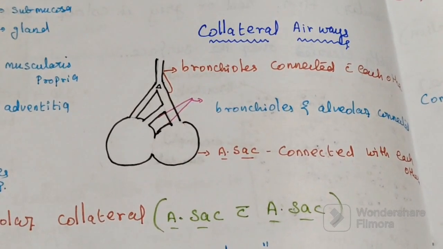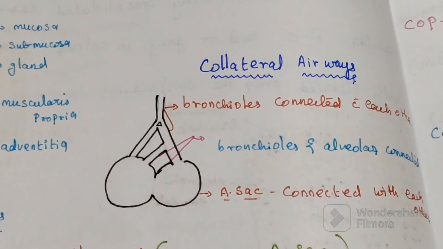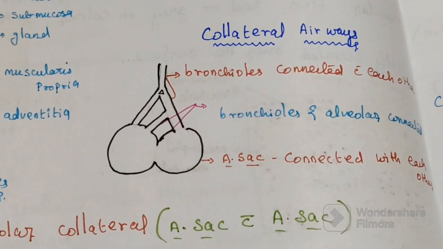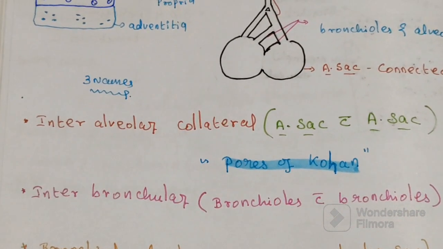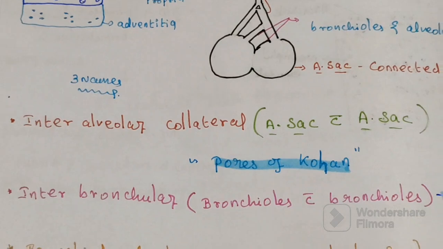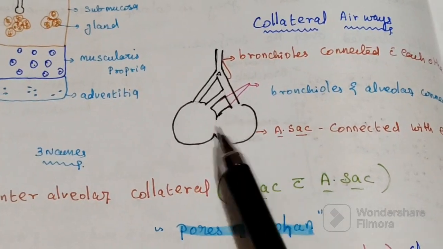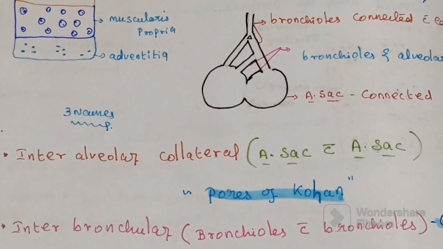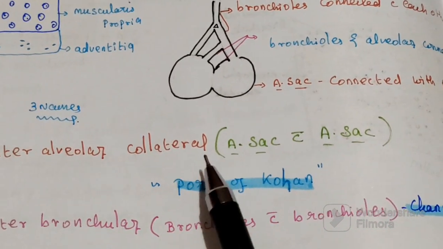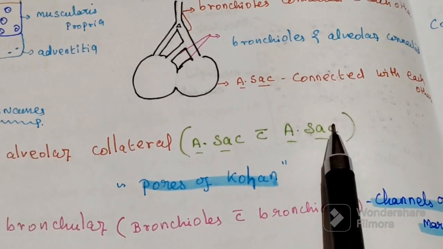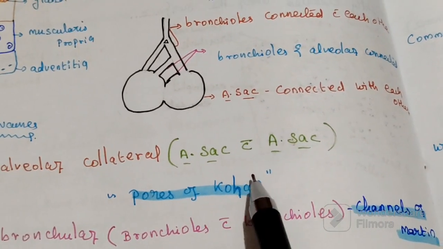This is called the pores of Kohn. Alveolar sacs connected with each other are known as interalveolar collaterals. An alveolar sac connected with another alveolar sac is called an interalveolar collateral. This is the pores of Kohn.